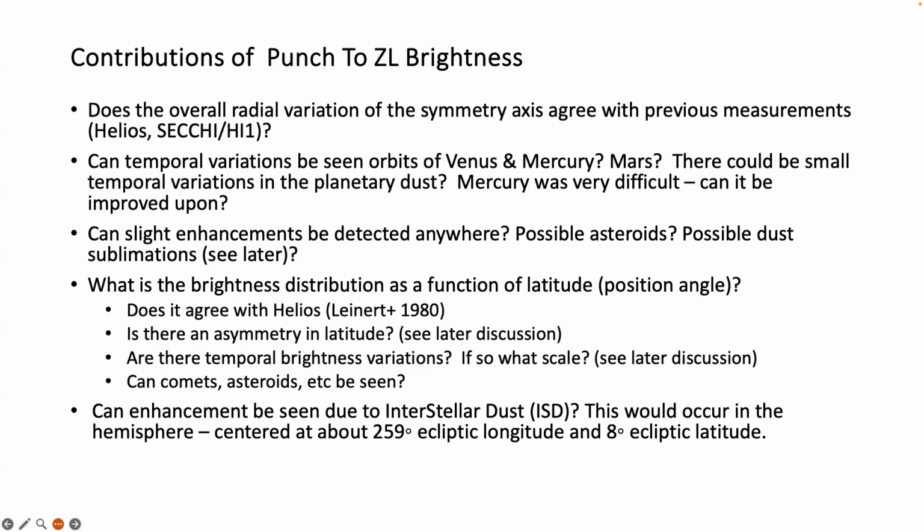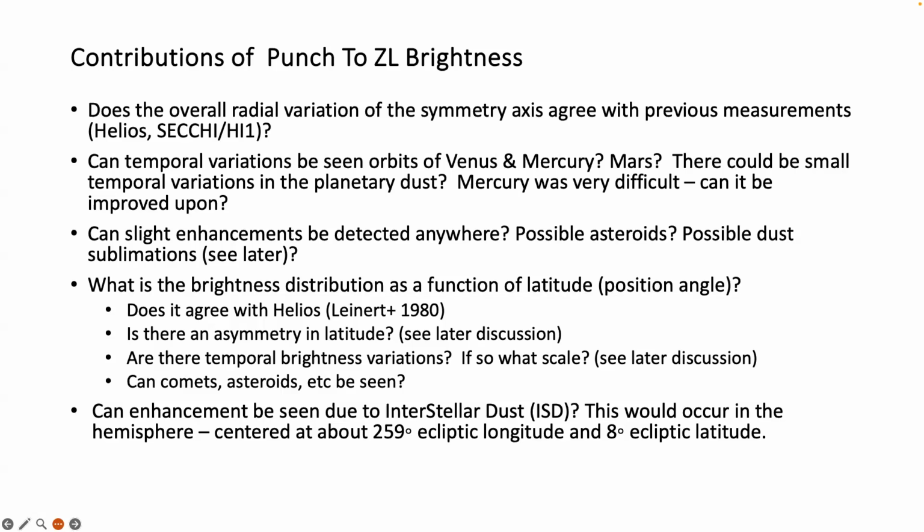Also, there is a possibility of seeing interstellar dust. In alternate solar cycles, the heliospheric cloud is going into the interstellar dust and causes a brightness distribution, and that is becoming quite interesting.